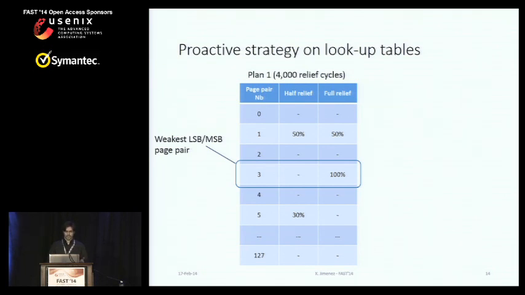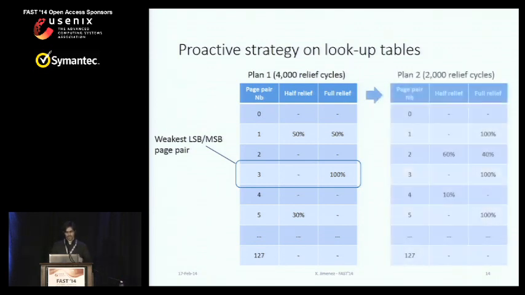And this plan will be valid for 4,000 relief cycles. As soon as the block exceeds this amount of relief cycles, it will move on to a second plan. So every time a block or a page is programmed while being on a hot block, it will have to look into the lookup table here, flip a coin, and decide whether or not it should be relieved.